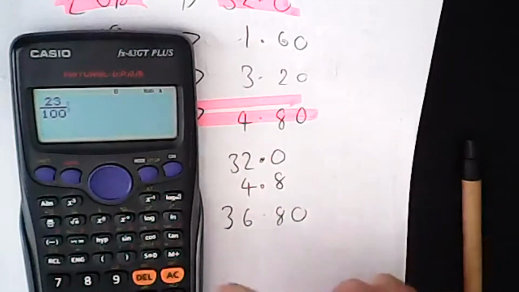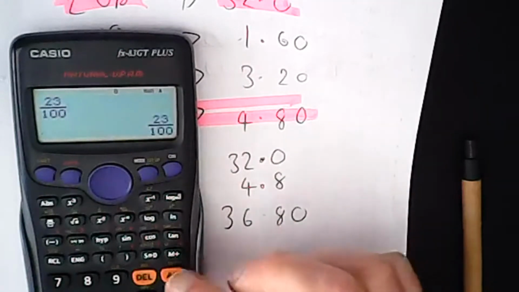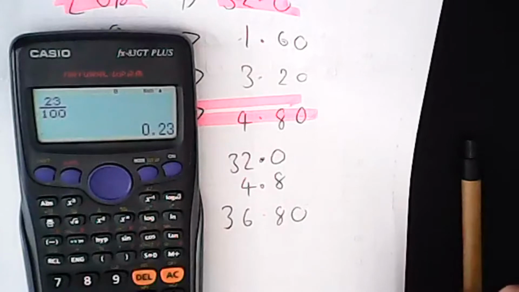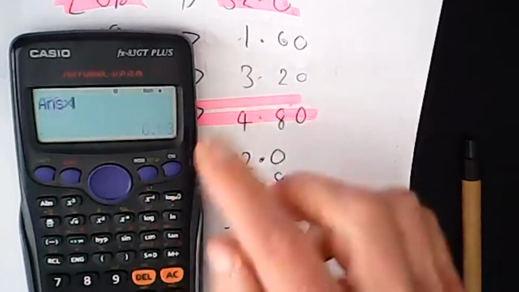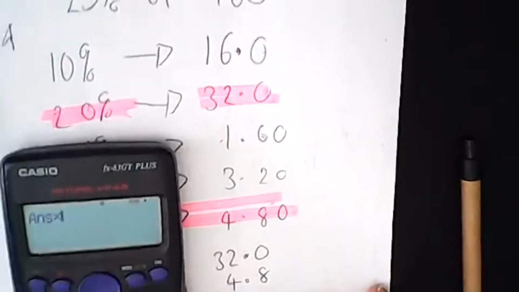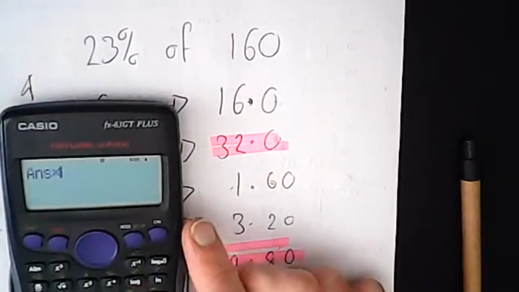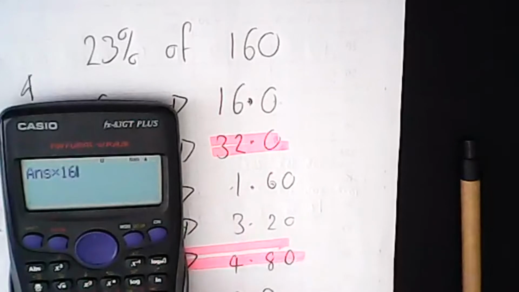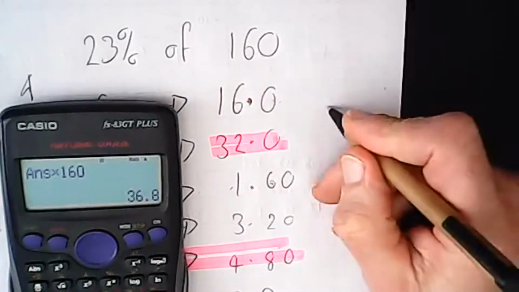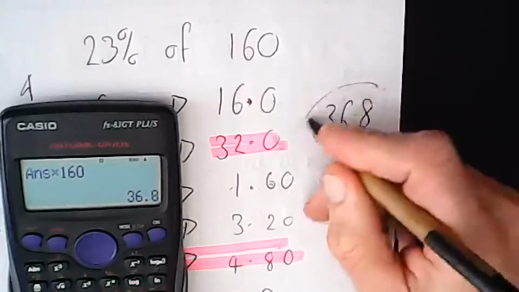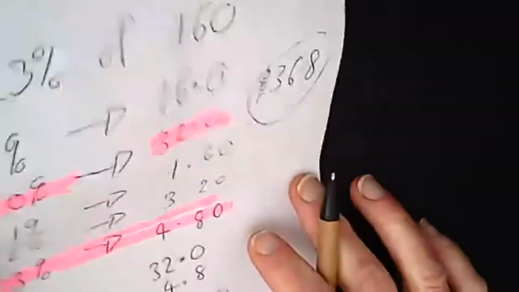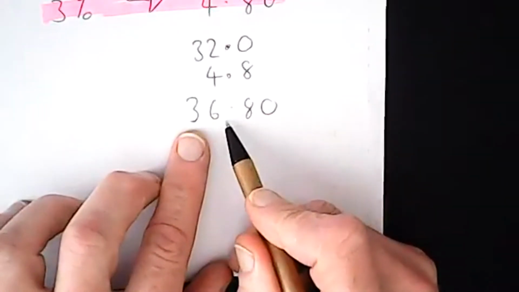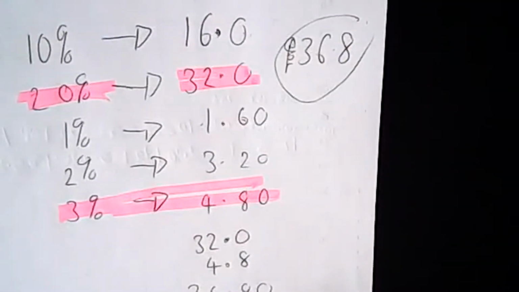But if you've done a few of these, you realise that actually that is 0.23. Another way of writing it. So I need 0.23 of 160, 0.23 of 160, 36.8. Brilliant. Well, it's not pounds, but just in case it was pounds. Right, so that's what we got without using a calculator.